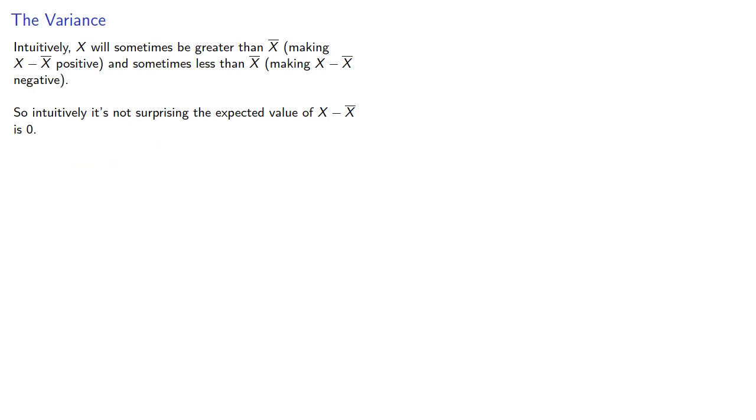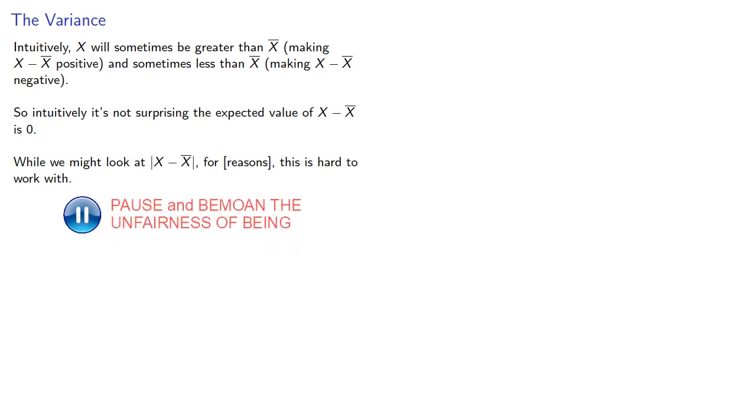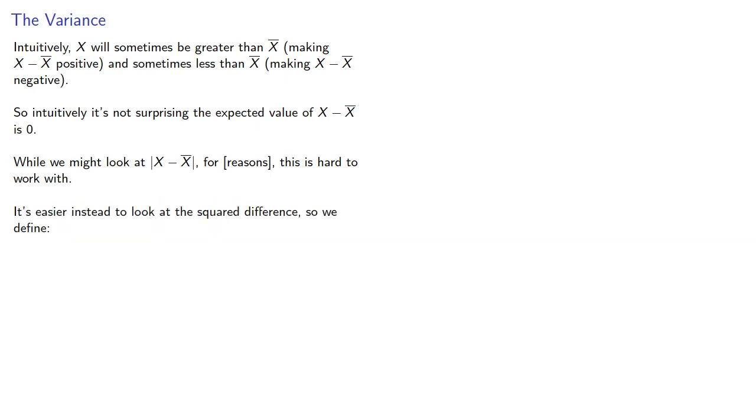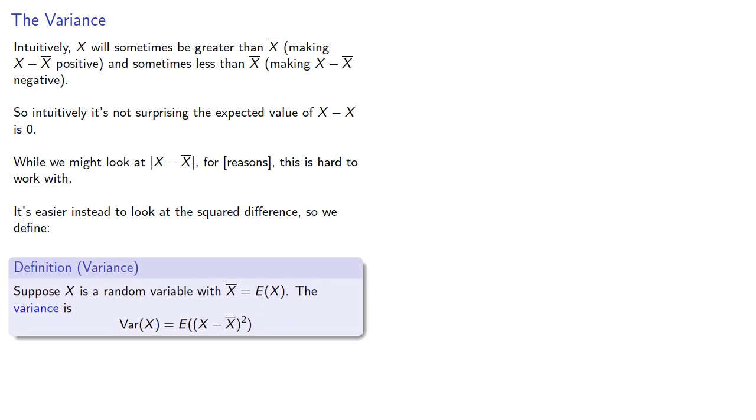So we might look at the absolute value of the difference, but this is hard to work with. And it's easier instead to look at the squared difference. And so we define the variance to be the expected value of the squared difference between x and the mean.